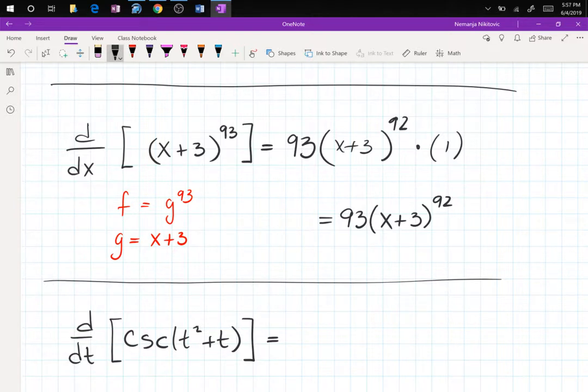You assume there are only two functions here? Yes. Okay.